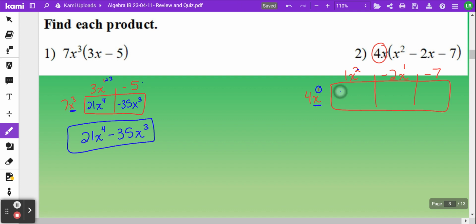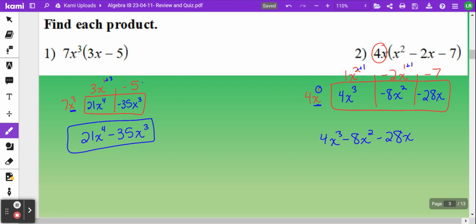So 4 times 1 is 4. X times x squared, that becomes x to the third. I go up by 1. 4 times negative 2 is negative 8. X to the first times x to the first, that goes up by 1. It becomes x squared. And then 4 times negative 7 is negative 28. And then I need to have the x on that. Okay, none of those are like terms. So we have 4x to the third minus 8x squared minus 28x.